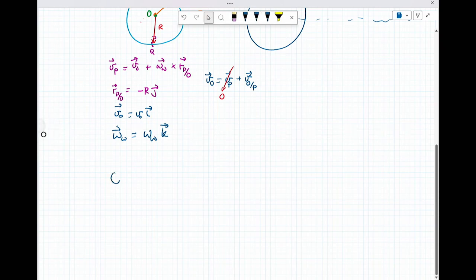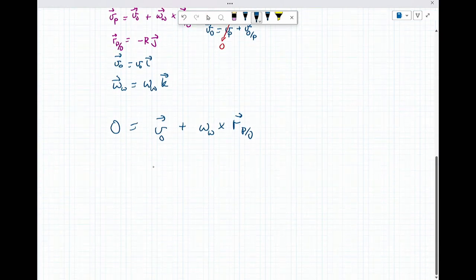So 0 is equal to velocity of O plus omega wheel crossed with r p with respect to O. And because of the way I've defined it, and I probably should have been a little bit more clever and just made it positive to start with, I've started with this as a clockwise rotation because I know it's a clockwise rotation.